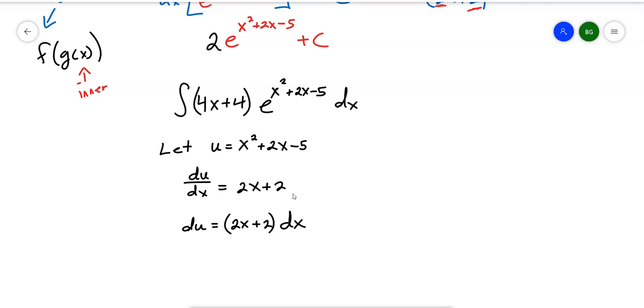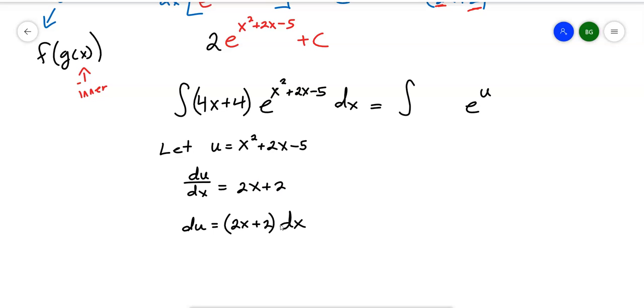This is called a variable switch. We're going to switch out our variables with things that we have uncovered. So first of all, e to the quadratic is just going to be replaced with e to the u.